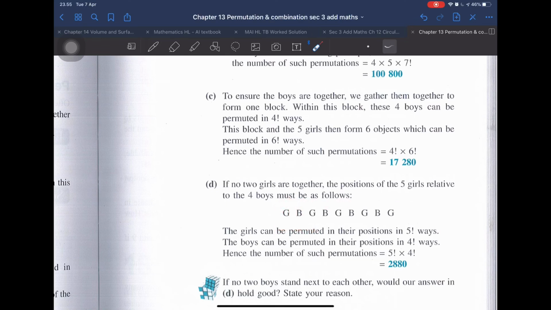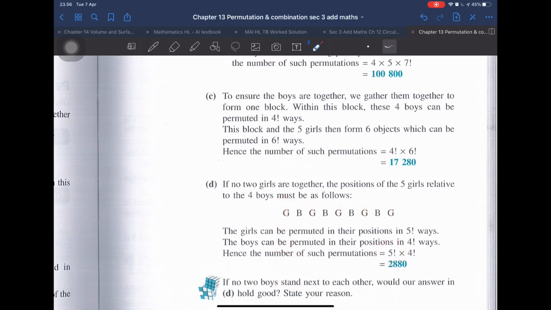So how many ways to permute the girls? 5. The boys, 4. Just multiply them. Because this could be girl 1, or girl 2, or girl 3, or girl 4, or girl 5. So there are 5 possibilities for this position only. Next, this is 4, this is 3, this is 2, this is 1. That's why it's 5 factorial.